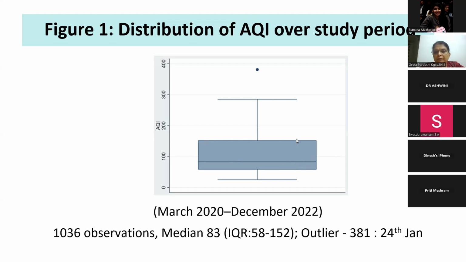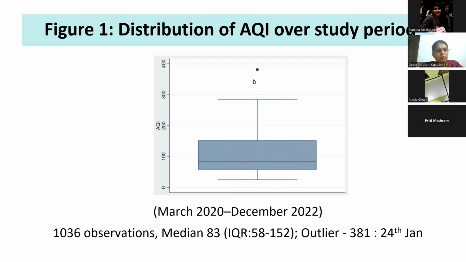The top line of the rectangle is what is known as the third quarter. And the whiskers, the lower line and the upper line, these are known as the whiskers, right? And then you have the outlier. Now the outlier, anyone knows what the outlier means?